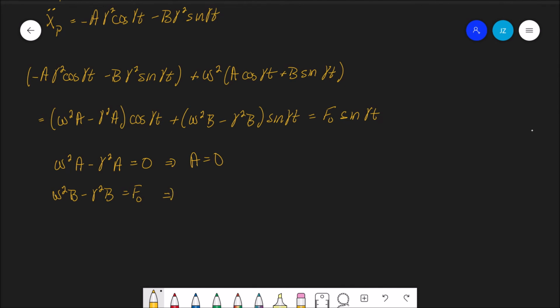Then this equation implies that b has to be f naught over omega squared minus gamma squared. So our steady state solution is simply f naught over omega squared minus gamma squared times sine of gamma t.